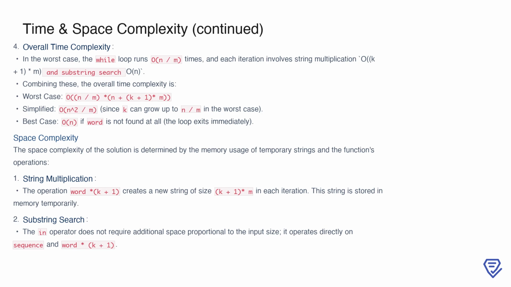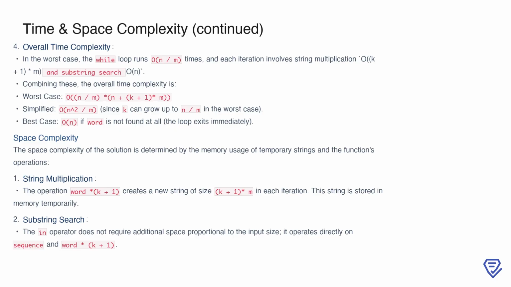Combining these, the overall time complexity can be expressed as n/m asterisk n plus k plus 1 asterisk m. Simplifying further, the worst-case time complexity becomes n squared/m, because k can grow up to n/m in the worst case. On the other hand, in the best case, if the word is not found at all in the sequence, the loop exits immediately, resulting in a best-case time complexity of O(n).